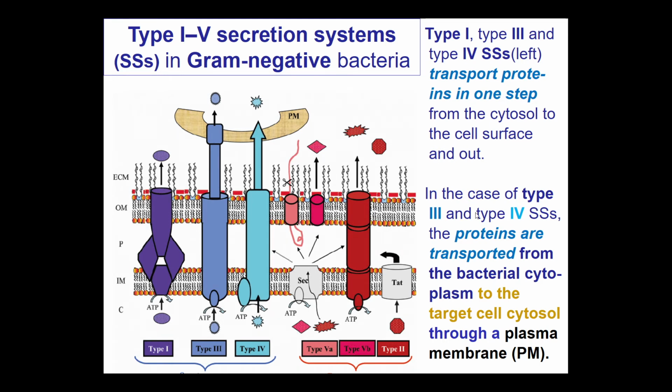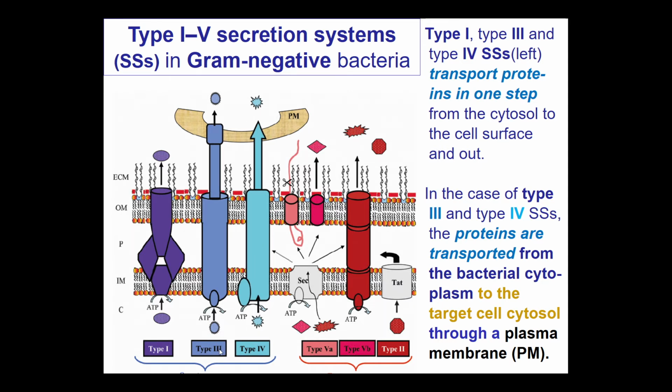In the case of type 3 and 4 secretory systems, the secreted proteins are transported from the cytoplasm of the bacteria producing the toxin to the target cell cytosol. What is this brown material? This is a fragment of the cell membrane of the target cell.